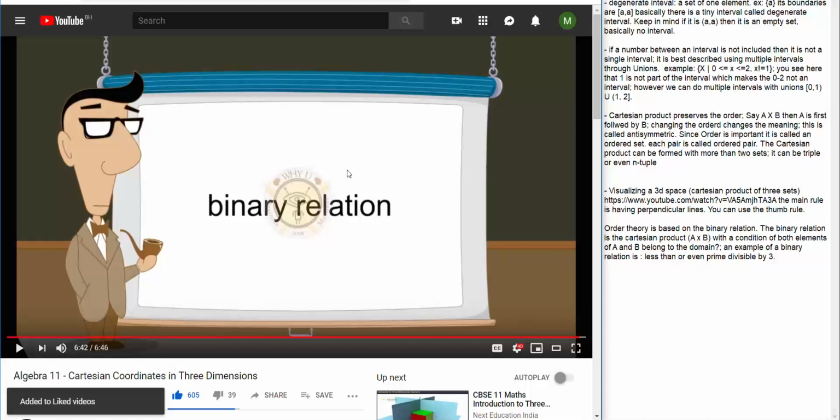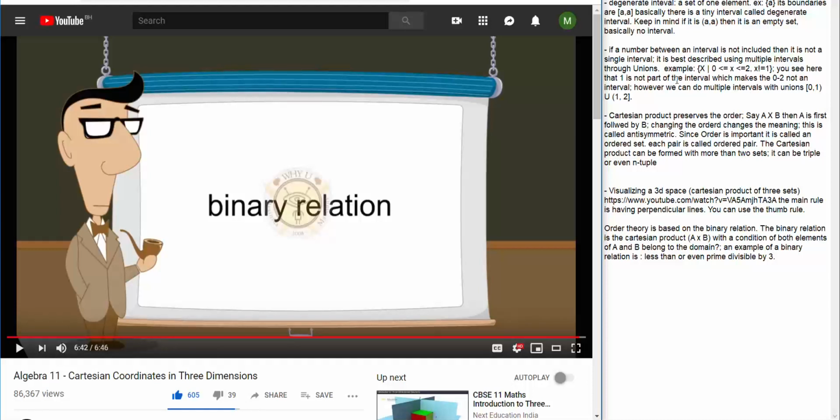This is really good. So anyway, so far what we've done is we've gone through what is called a degenerate interval, and it basically means you have a single element in the set and basically form an interval of that set, right?